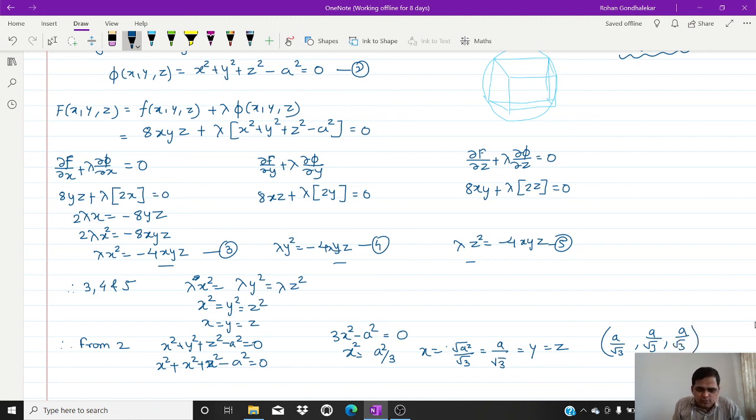Therefore, maximum volume is equal to 8xyz, given as 8 into a by root 3 into a by root 3 into a by root 3. So hence the final value is 8a cube upon 3 root 3. So this is the expected value.